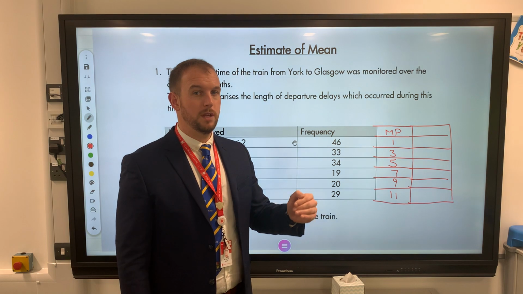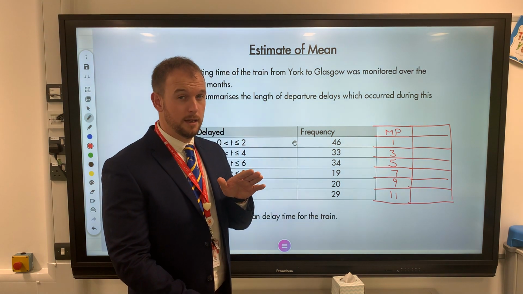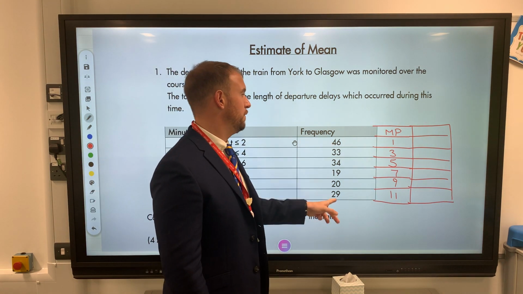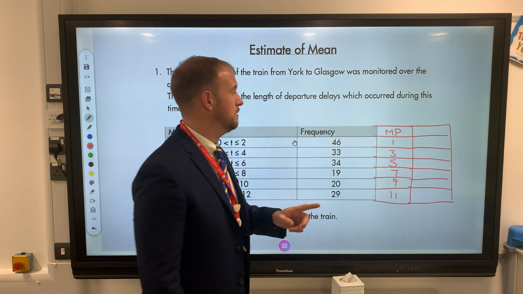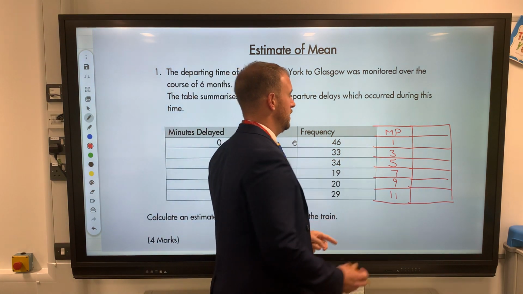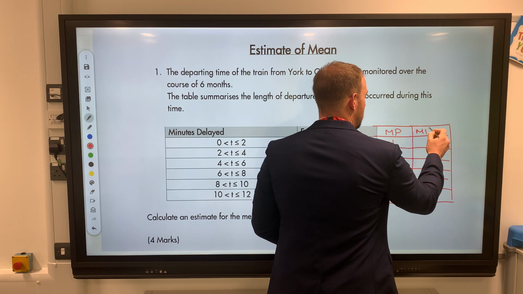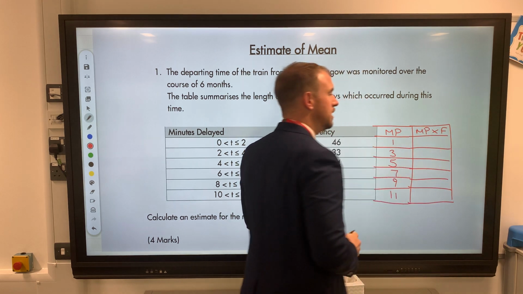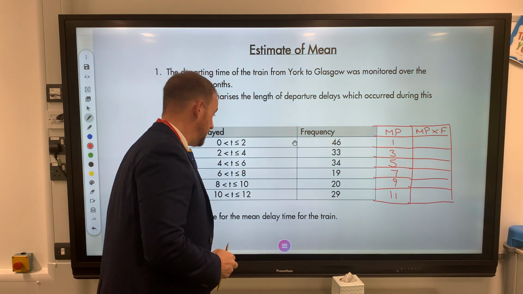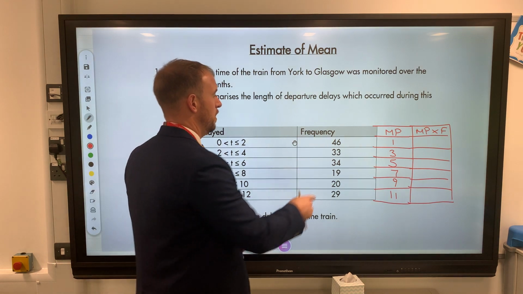To find that mean, we need to find the total amount of time delayed divided by the total frequency. And the way we work that out is by multiplying these two together. So we'll have midpoint times the frequency.